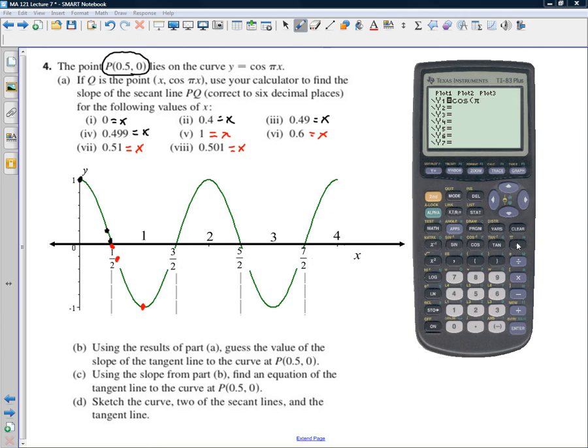The cosine of pi x. And let's put in another equation, and this is going to be our slope or direction calculation. And this is going to be our change in y over our change in x.